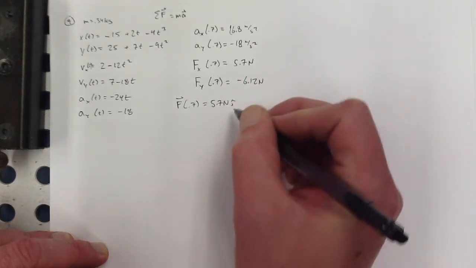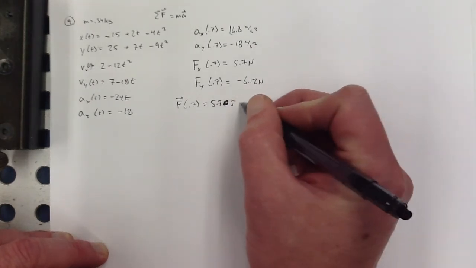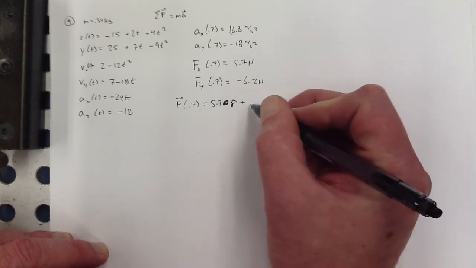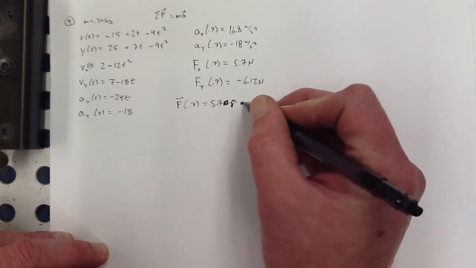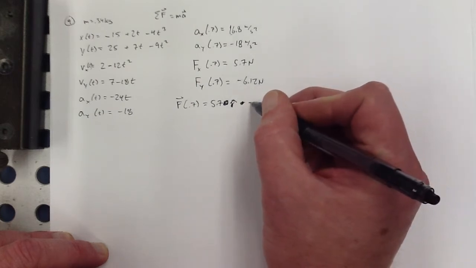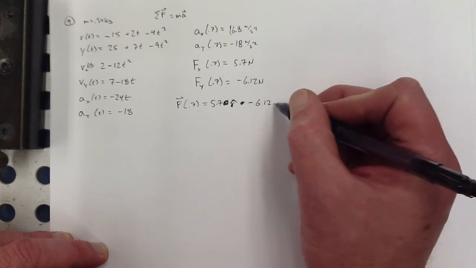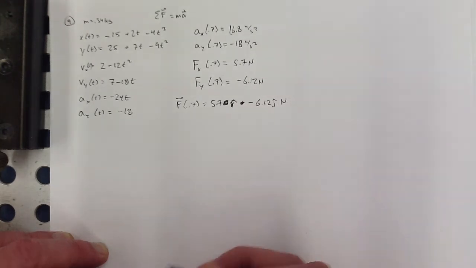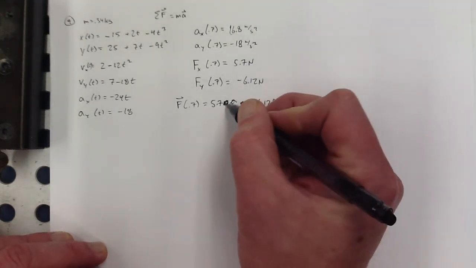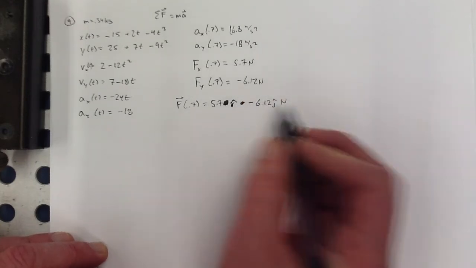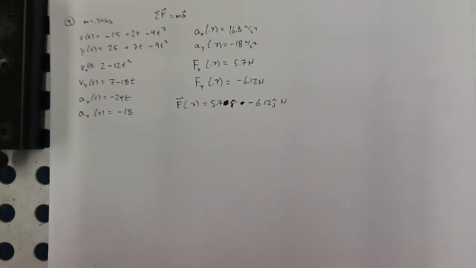Sorry, I usually put the newtons at the end. I should be consistent. And sometimes I get excited about writing I's and they come out looking like J's. And then sometimes I should wait and put a minus, and I just put a plus there. Yikes. All right, how's that? 5.7 I minus 6.12 J newtons. So there it is in unit vector notation.